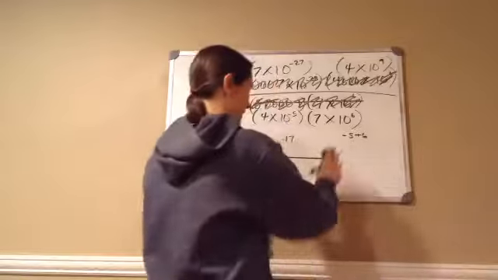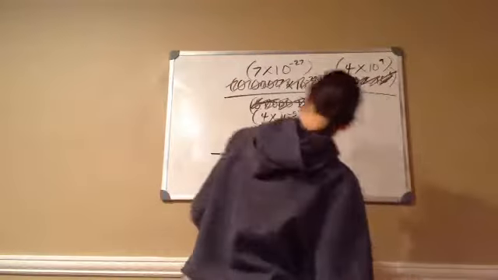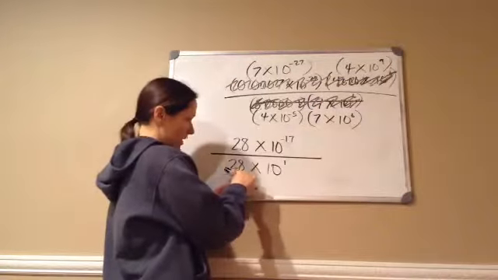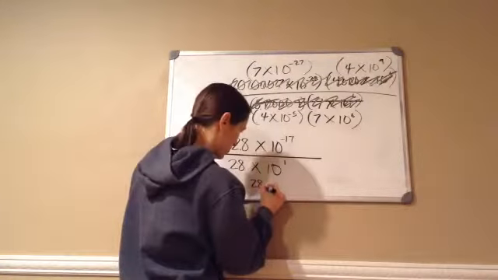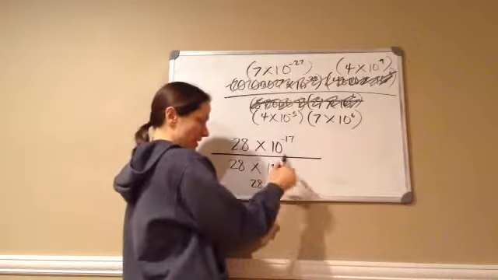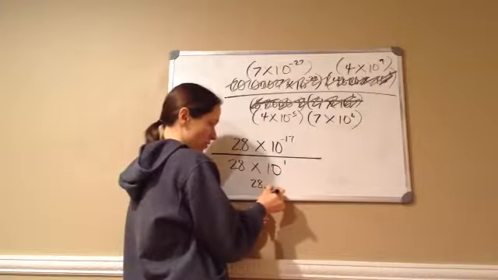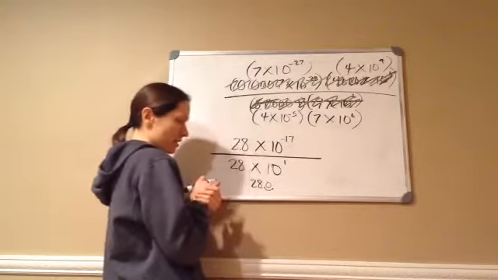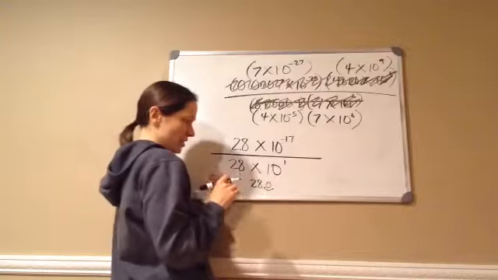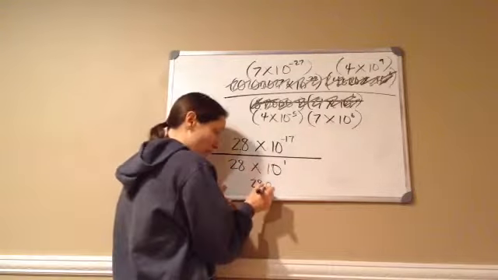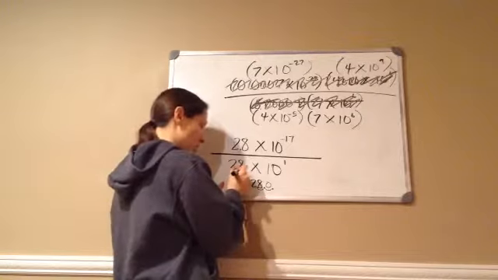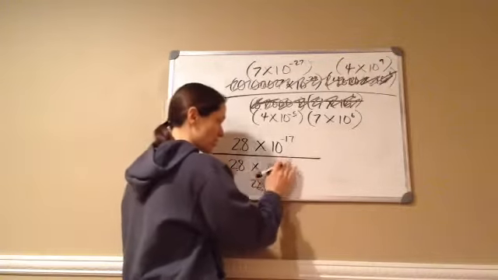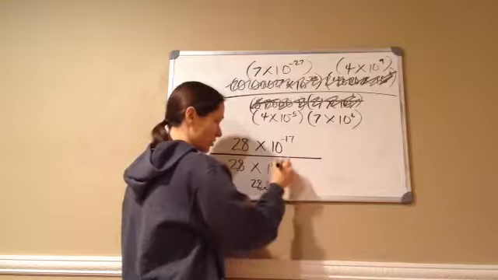Okay? Now again, we're not completely right because the decimal is not after the first non-zero. It's right here. So this would be 28 point. And then when I multiply by 10 to the 1, that means I moved it 1 time. Okay? So it's 280 as an answer, as a standard number. But I'm wanting the decimal to be here. So that becomes 2.8 times 10 to the 2.